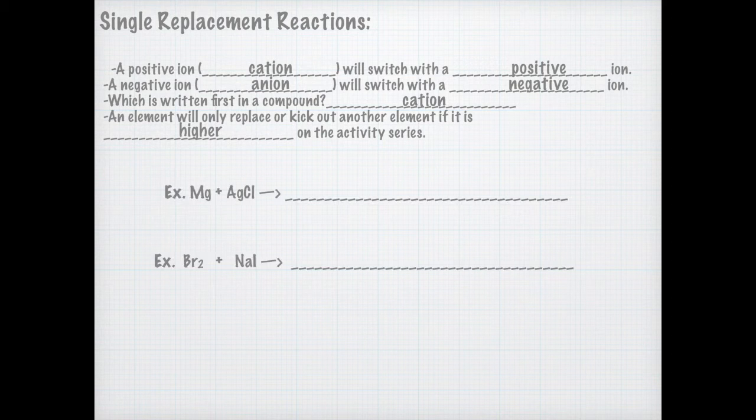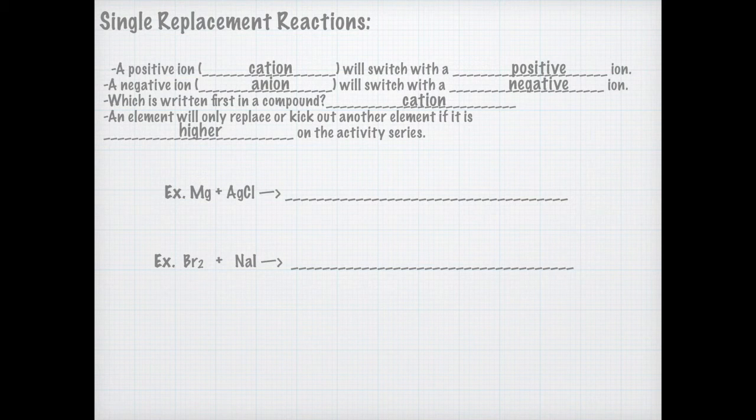All right, so let's look at some examples. I've got magnesium, and magnesium is going to try and kick out either silver or chloride. We've got to figure out which one it's going to try and kick out. Well, magnesium, when it's an ion, is positively charged, which means it's going to try and kick out silver, because silver is also positively charged. If we look at the activity series, which is in your workbook, we'll look at it more in class.